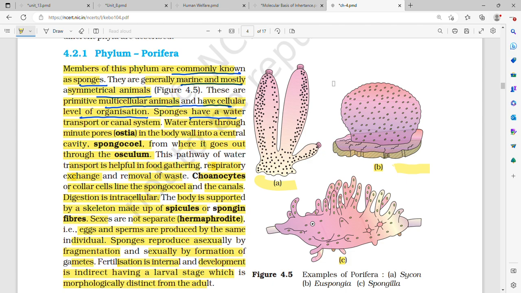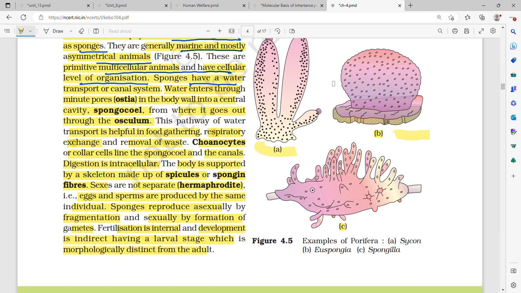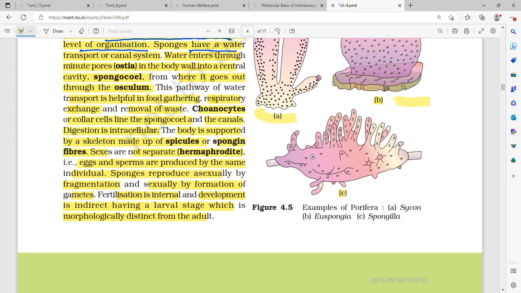Water enters through minute pores or ostia in the body wall into a central cavity called spongocoel, from where it goes out through the osculum. This pathway of water transport is helpful in food gathering, respiratory exchange, removal of waste. Choanocytes or collar cells line the spongocoel and the canals.